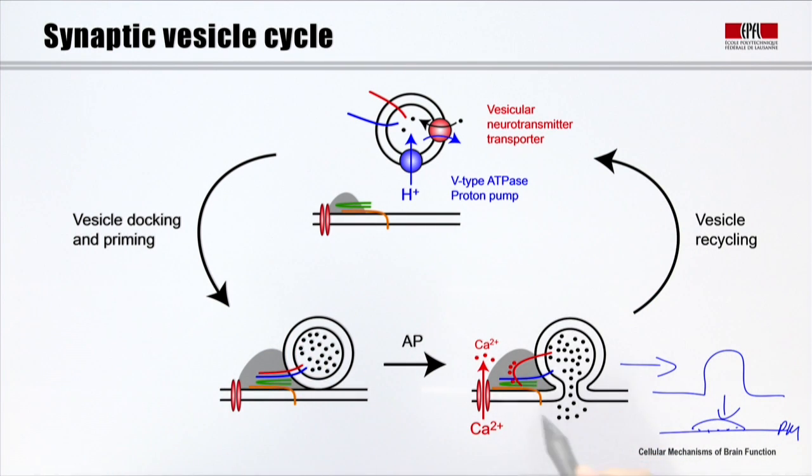The fastest forms of exocytosis and recycling are the so-called kiss and run and kiss and stay types of vesicle recycling, which can occur on the 50 to 100 millisecond timescale. And so the whole process here might occur very rapidly and help sustain fast rates of neurotransmitter release if necessary.